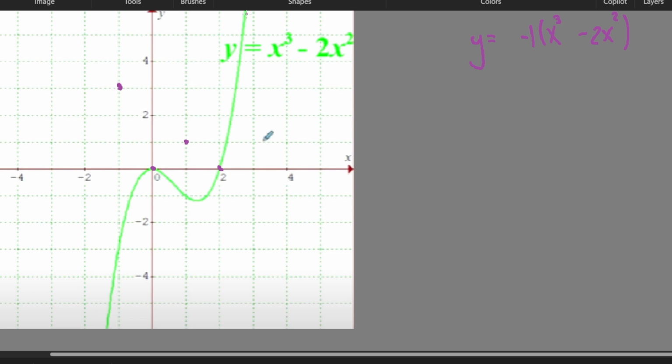Let's approximate this point to be like 5.5. And then multiply 5.5 by -1. We go all the way down here, and the graph is going to look something like this.